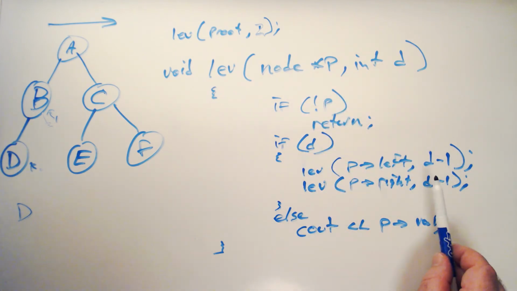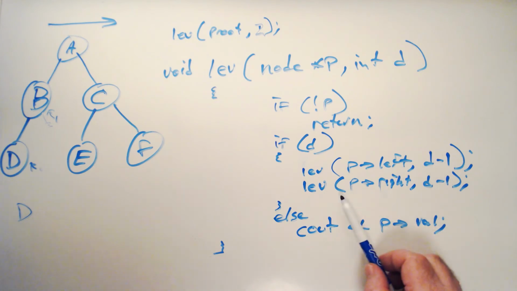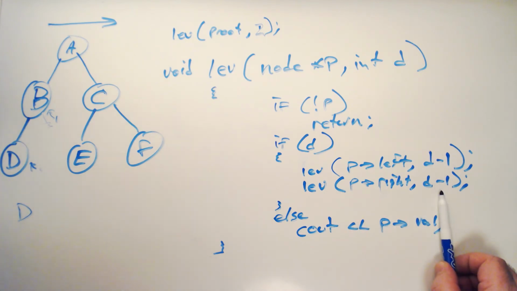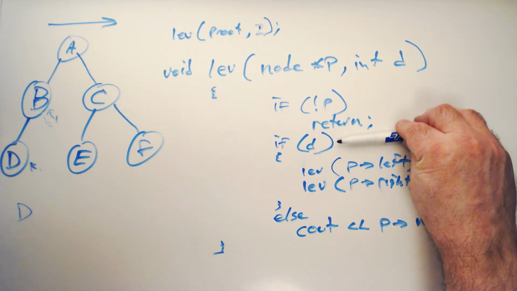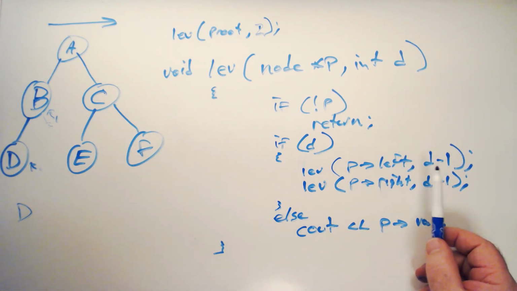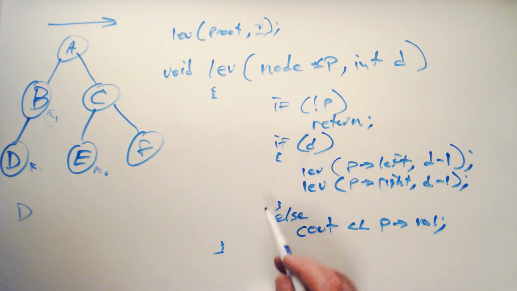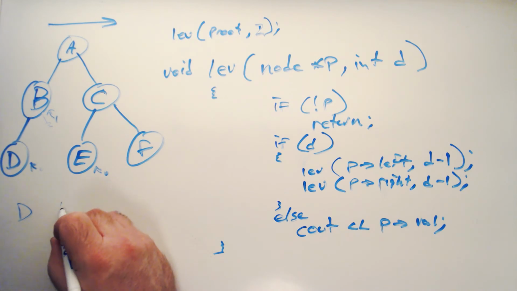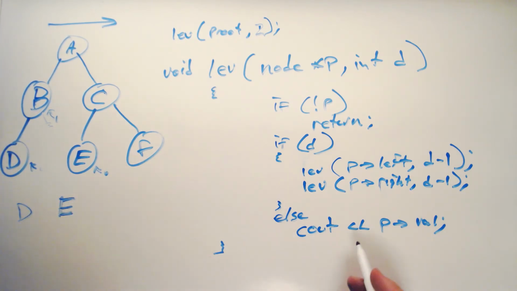So when he calls Lev on behalf of C in this line of code right here, he's going to pass it a 1. C comes in, D is 1, therefore C tries to go to his left and passes it down a 0. So this guy is given a 0, comes in here, D is 0, he prints out his key here at E. It looks like my pen needs a little work.